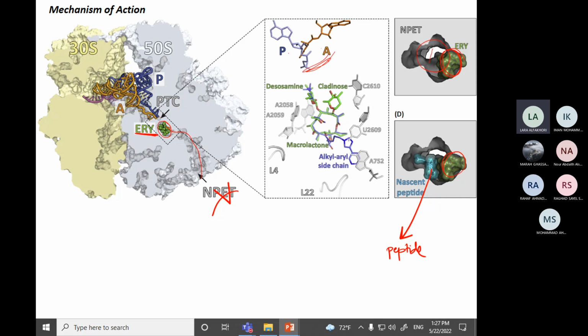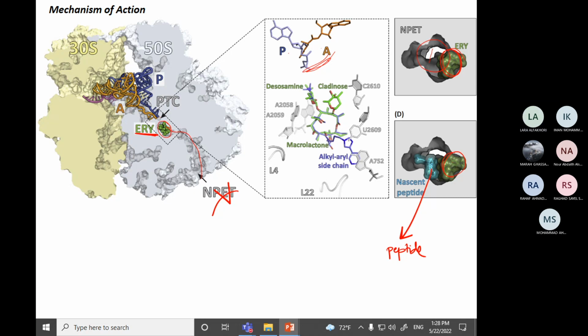As you can see, وكأنه بيعمل bulkiness in that tunnel, which will prevent إنه nascent peptide إنه عم بيطلع من عندي هاي التانل. وبكذا وكأنه بيوقف إنه يصير في any binding ما بين الامينو acids that are being brought by the transfer RNA to the already growing chain. اوكي، وكأنه بيوقف عملية انه البيبتايد عم بيطلع، وبالتالي بيوقف عملية انه يصير في عندي any growth of that polypeptide chain that is being synthesized.